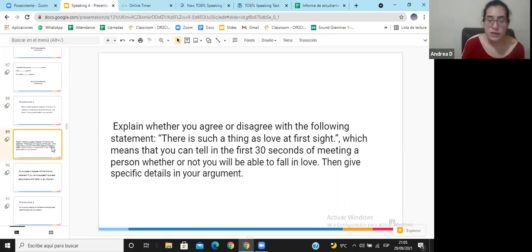Now the next one is, again, agree or disagree. There is such a thing as love at first sight, which means that you can tell in the first 30 seconds of meeting a person whether or not you will be able to fall in love. So do you believe in love at first sight?